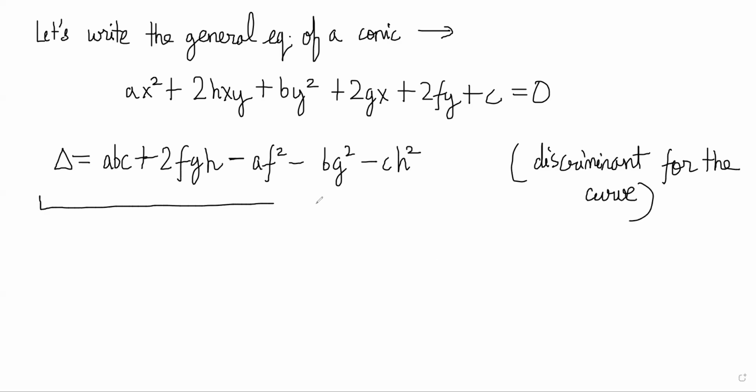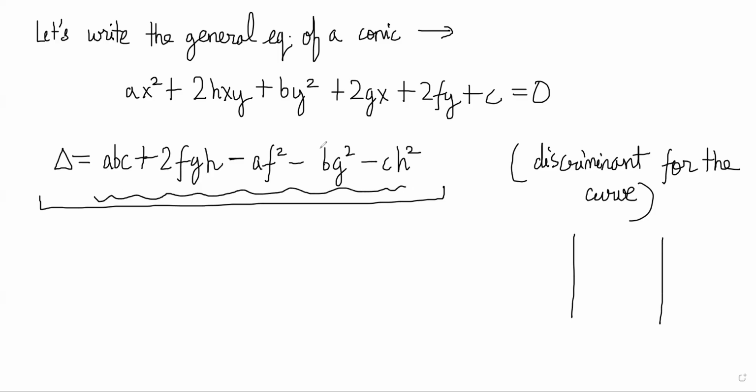This discriminant has to be remembered, and you also have a determinant form of this, which I will not write down. I prefer to remember it like this. You should remember the value of this discriminant, because this is super important when you want to decide what kind of conic this curve is, right?